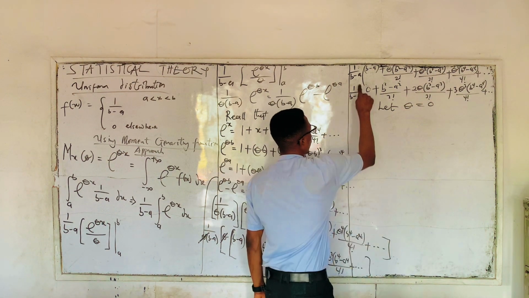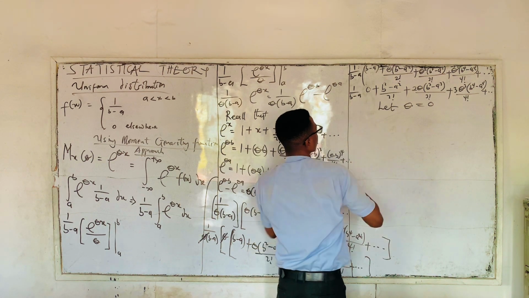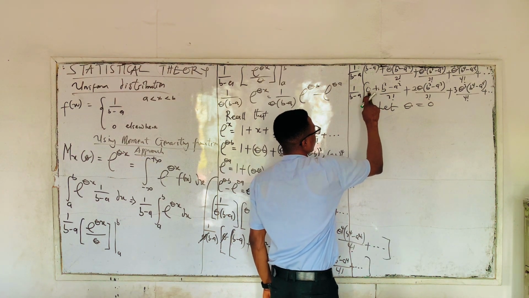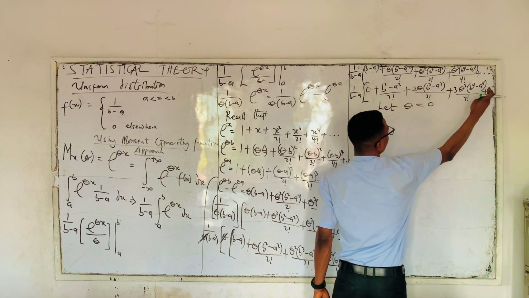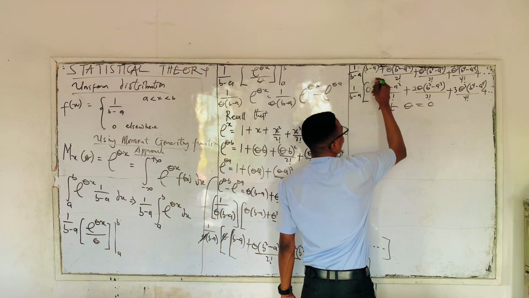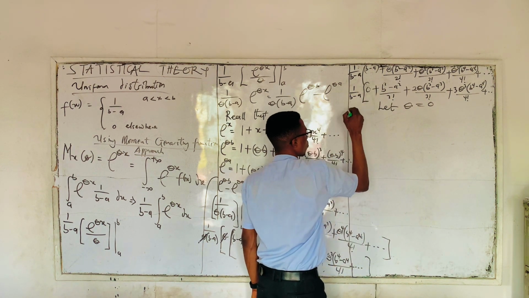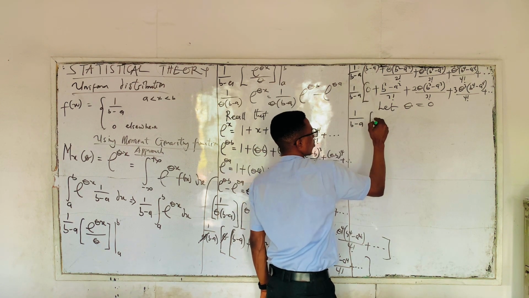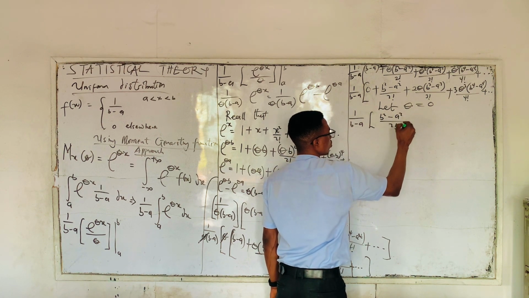We are left with 1 over b minus a plus 1 over b minus a multiplied by 0 plus this, because everything here becomes 0. So we are left with only this part. So here we have 1 over b minus a. This one is gone. Multiplied by b squared minus a squared over 2 factorial.